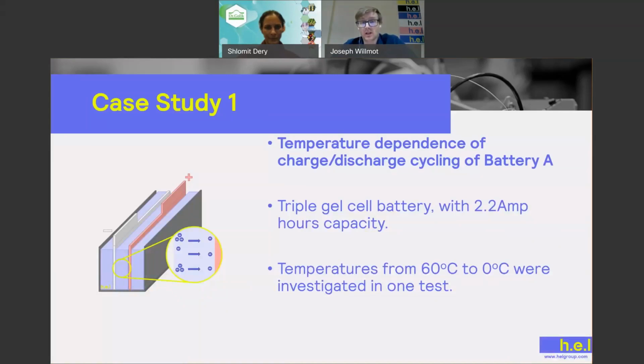For commercial reasons, I can't tell you what this battery was, but I can describe it to you as a triple cell battery with a 2.2 amp hours capacity. We charged and discharged the battery from temperatures from 60 degrees C down to 0 degrees C. And we managed to complete this within the IsoBTC with just one simple test.